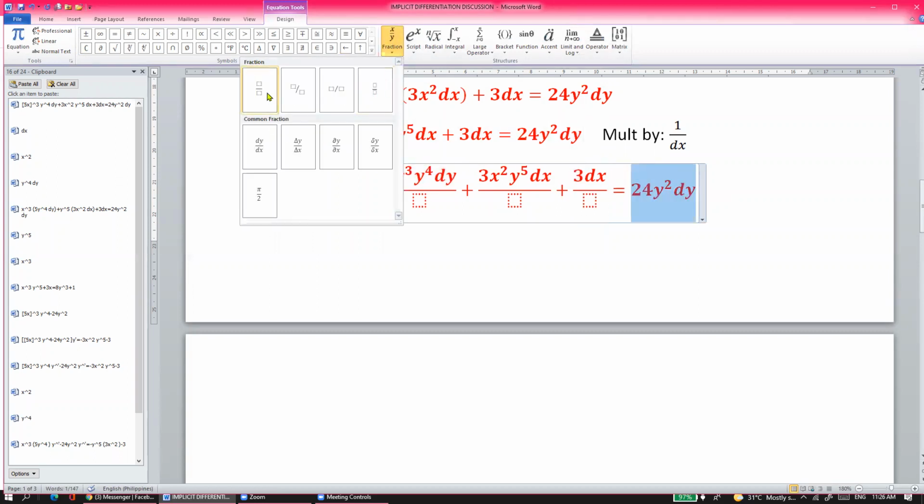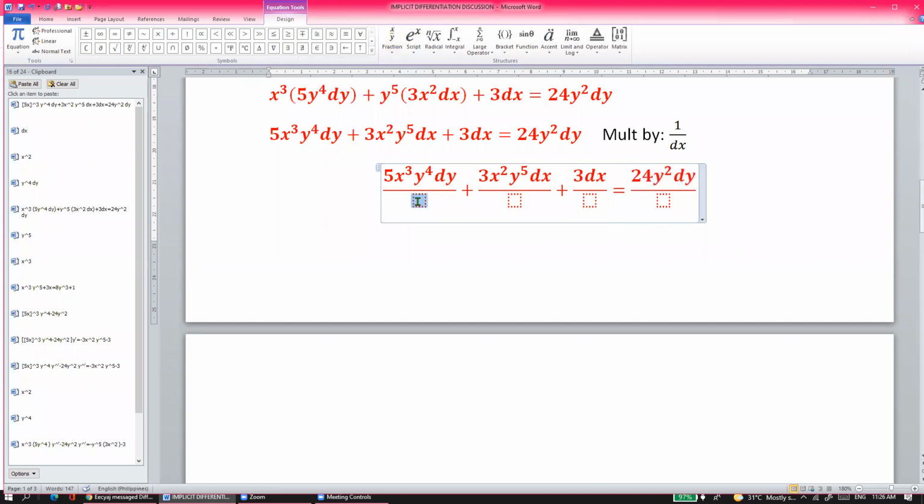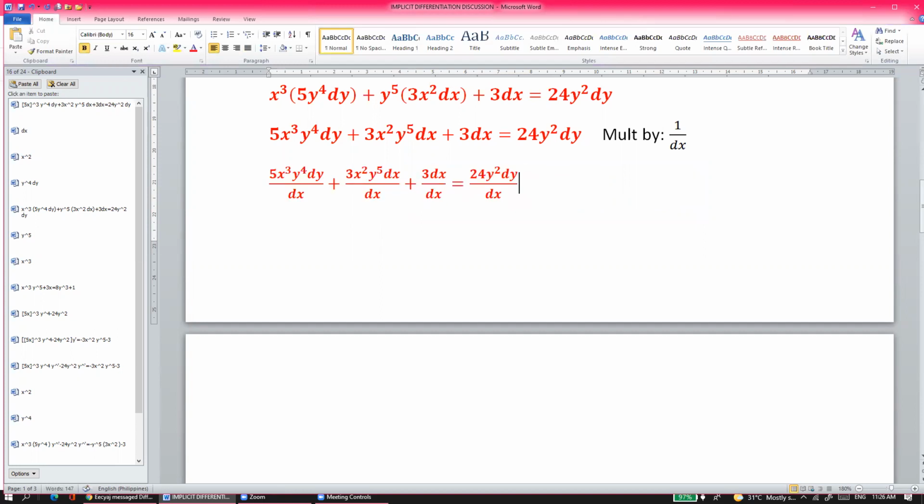Bawat term ngayon, lalagyan ko ng over dx kasi nga na-multiply ng 1 over dx. Dx dito, dx dyan, dx sa pangatlo, and then dx sa panghuling term. Can you follow, class? Yes po.